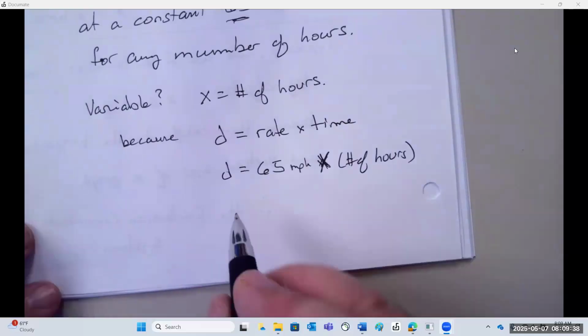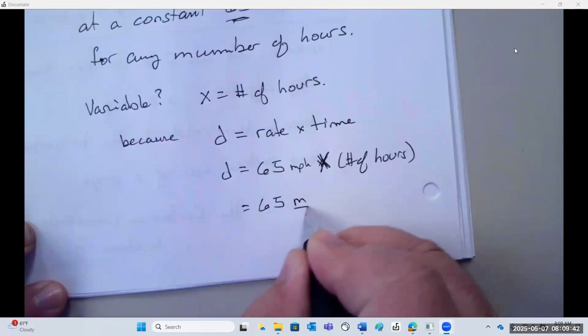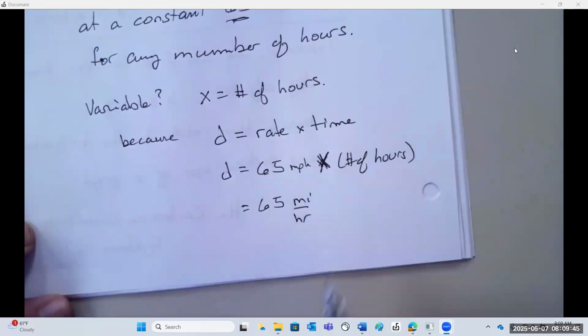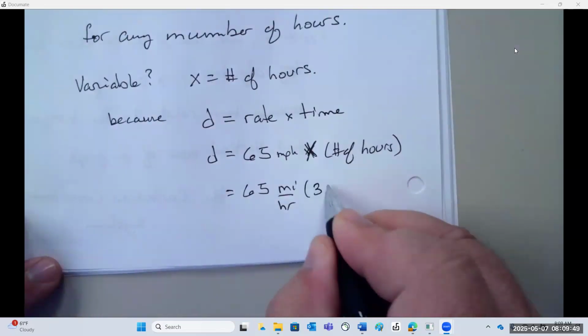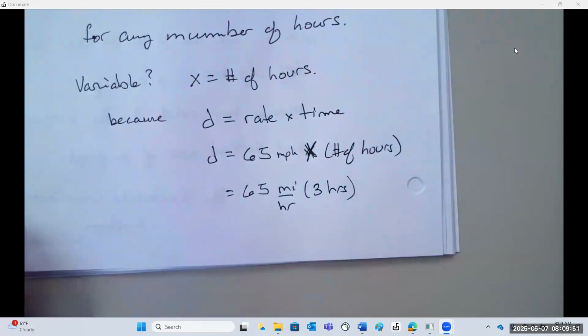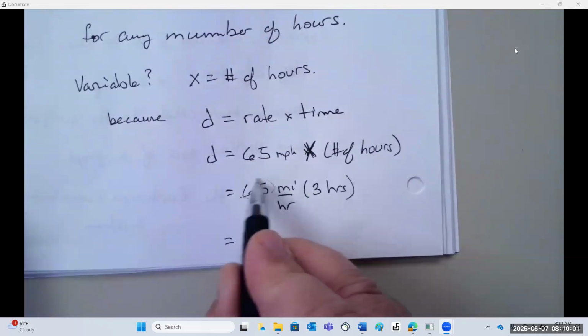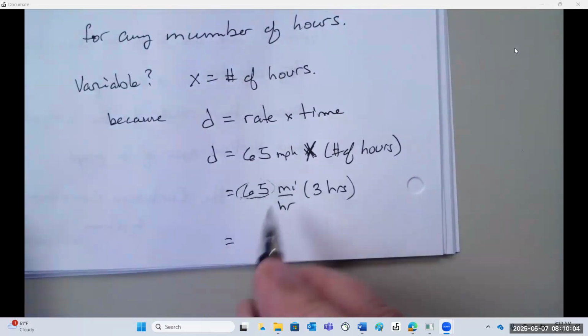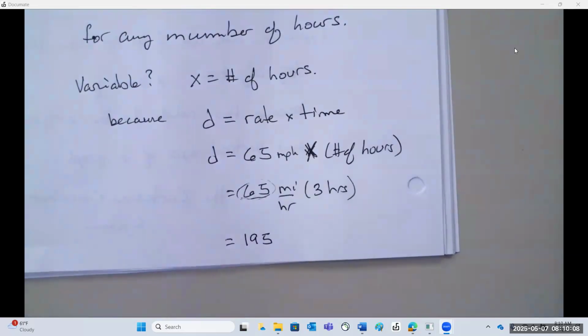So if you think about it, if I have 65 miles per hour and I travel for 3 hours, what is that going to find for me? 65 times 3 is 195.